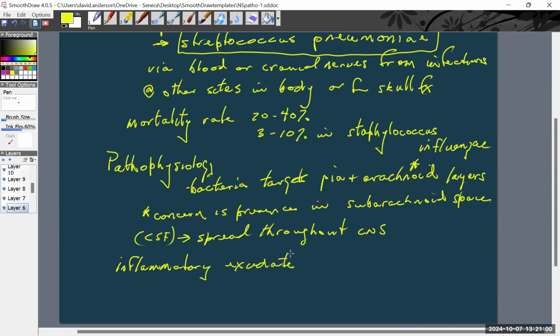So some of that will be dead cells from white blood cells that have been phagocytosing and so on. And this inflammatory exudate can cause obstruction of the cerebral spinal fluid.